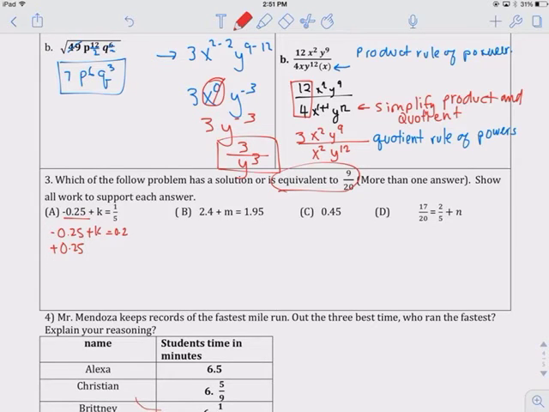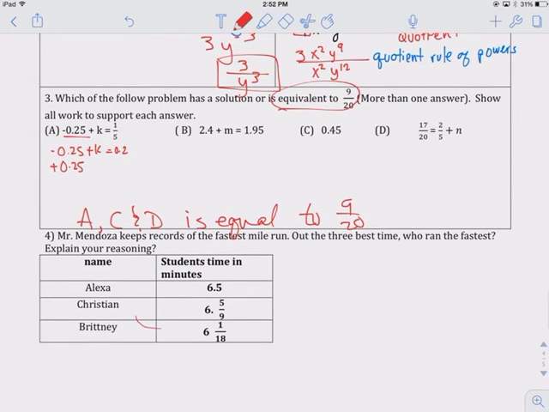Yeah, A, C, and D are equivalent, equal to 9/20.